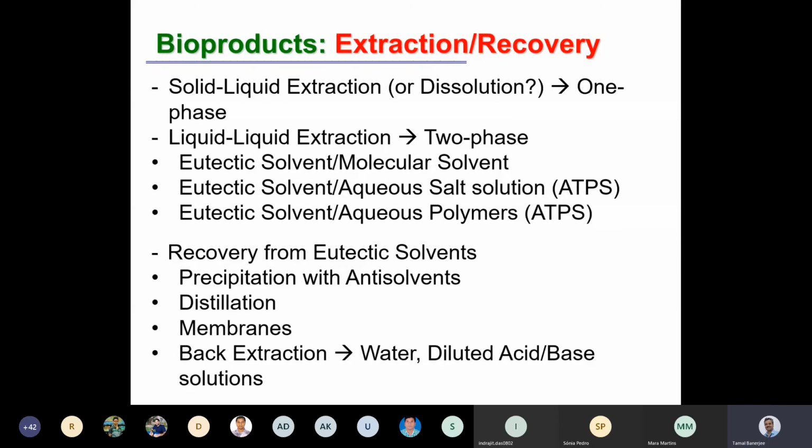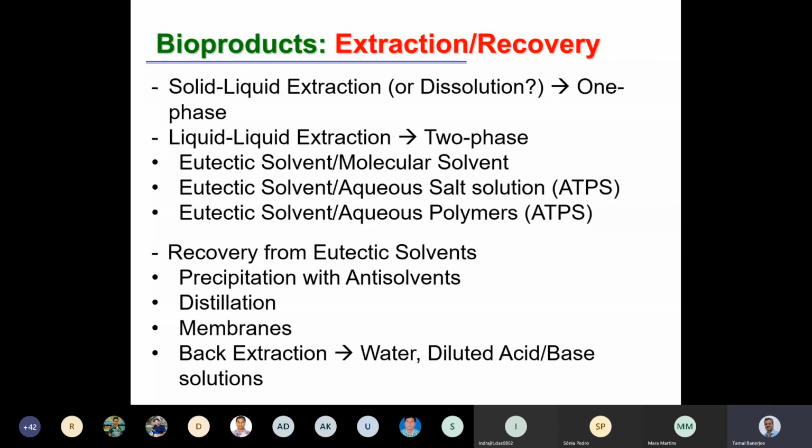Maybe it's not so easy, as you have to study the interaction of the membrane materials with the eutectic solvents, because you can dissolve the membrane during the processing. So try with small quantities of membranes before trying the separation with them. And another option is back extraction.